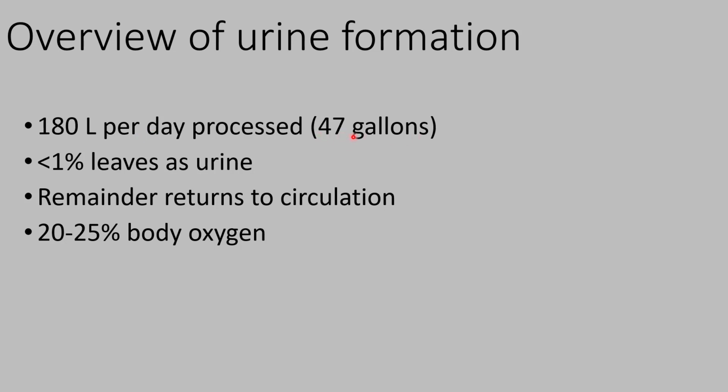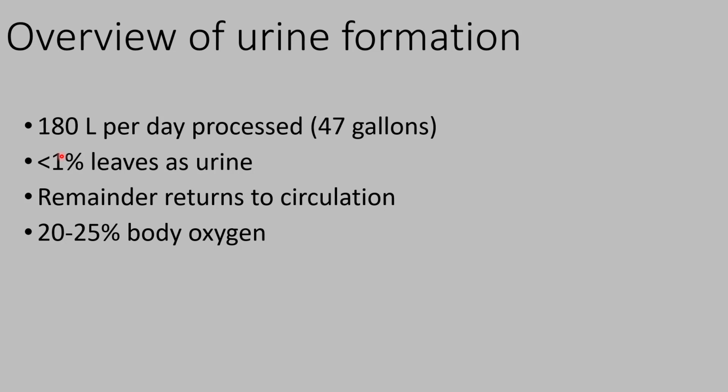That's about 47 gallons. 47 gallons of filtrate are processed per day. But of those 47 gallons of filtrate that are processed, less than 1% of that filtrate leaves the body as urine. Why? Well, because more than 99% of that filtrate is reabsorbed.